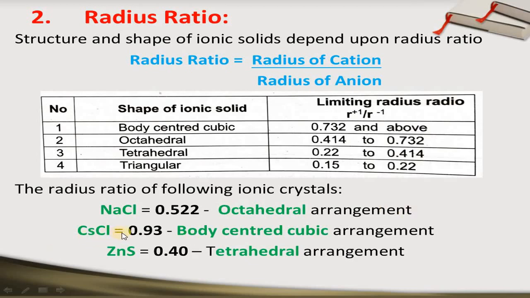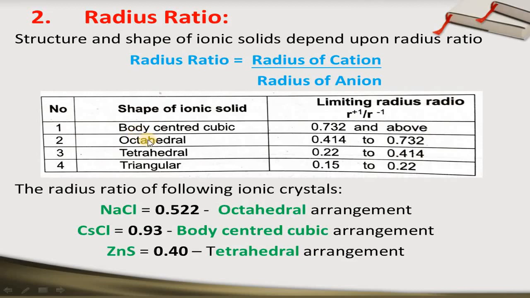Cesium chloride has a radius ratio of 0.93 for a body-centered cubic arrangement. And zinc sulfide has 0.40, with a tetrahedral arrangement. So depending upon this radius ratio, we can determine the structure and shape of ionic solids.